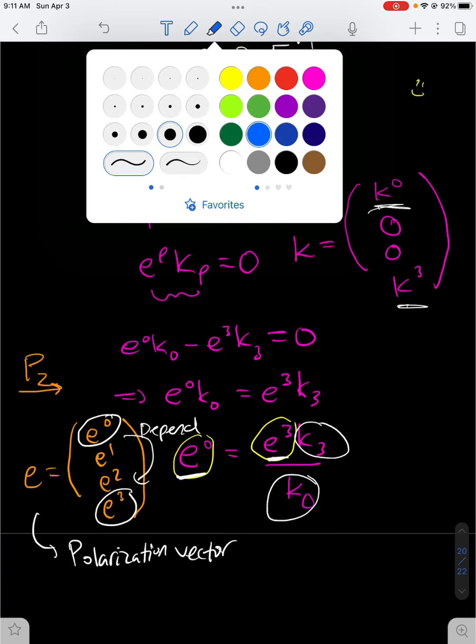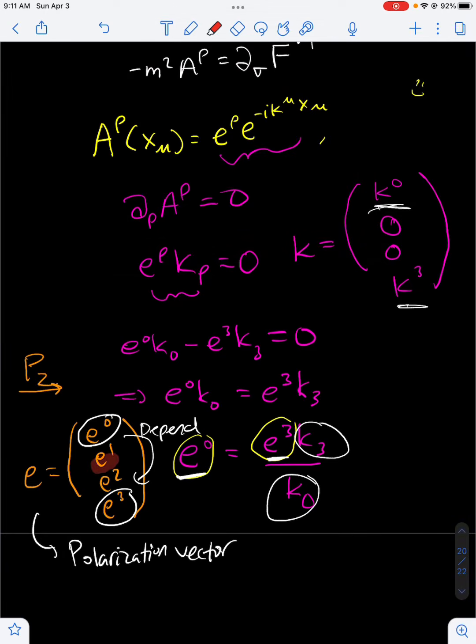And these two components in the middle, we don't have any constraint on them. These can be anything we want. We are at liberty to choose what E1 and E2 can be. But our outside entries will depend on each other.